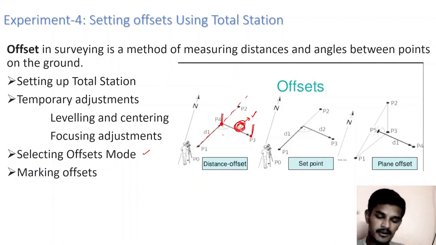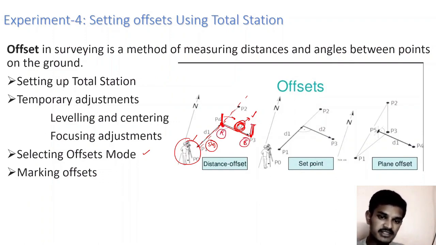Initially the follower will place the prism at this point, exactly on the line. Then the follower will move towards this point, and for example, if we are supposed to mark exactly 5 meters, when the follower comes to 5 meters, the instructor who is bisecting the prism can see that the distance traveled from point A to B is 5 meters.